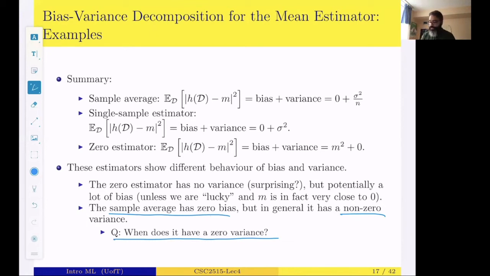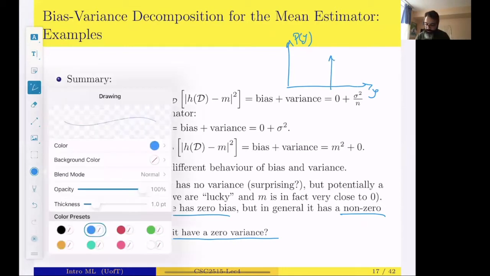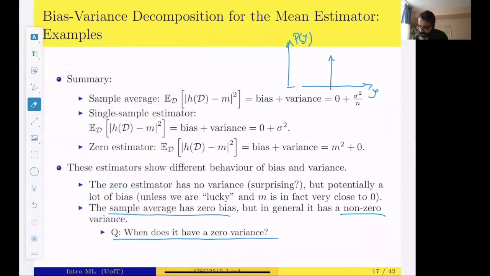It is essentially just a single point all the time. So if I write the density p(y), it means that the density is concentrated in one point instead of having a variance.